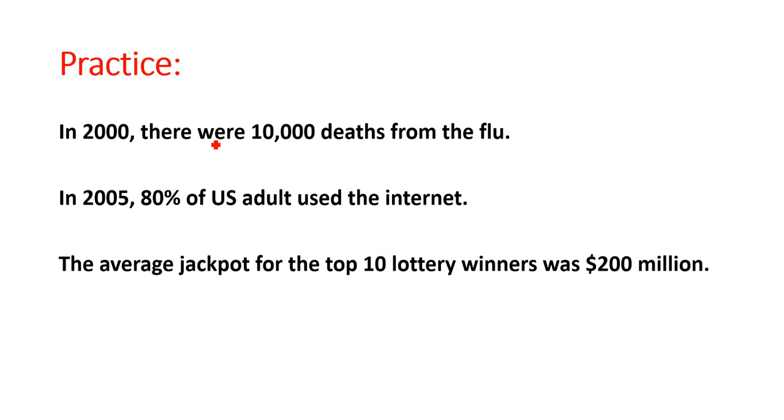In 2000, there were 10,000 deaths from the flu. If I say this is descriptive, then you have to think of the reason why: because the number 10,000 is given. This is your practice problem, but I'm just helping you, okay? In 2005, 80% of US adults use the internet.